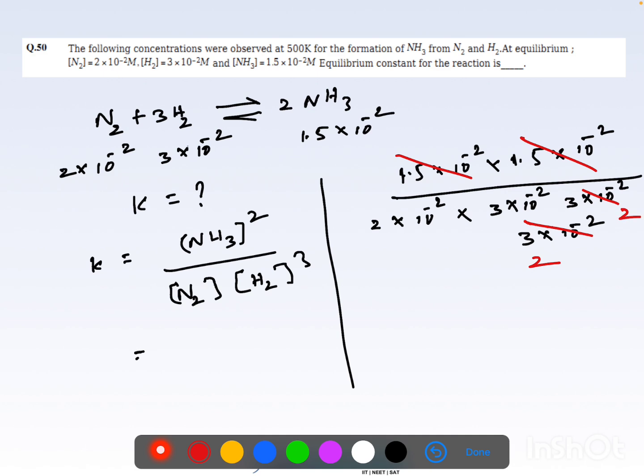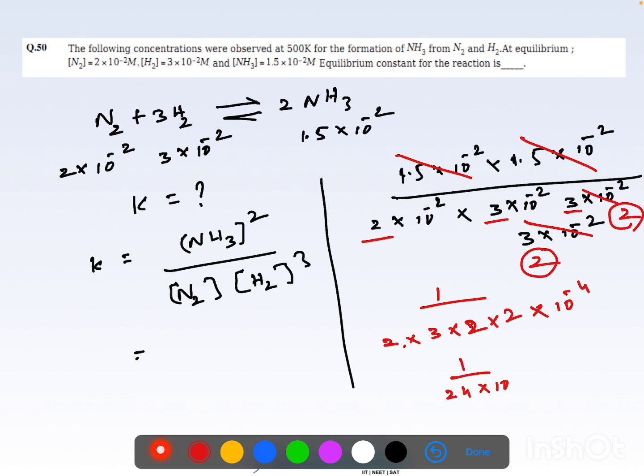So now I have 1 by 24 into 10 to the power minus 4.